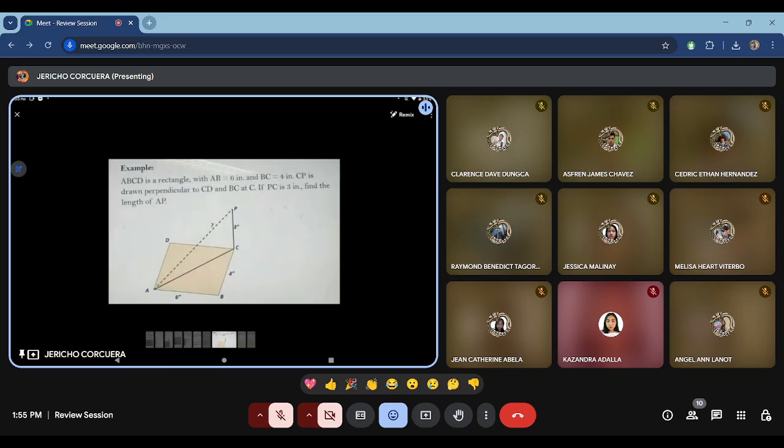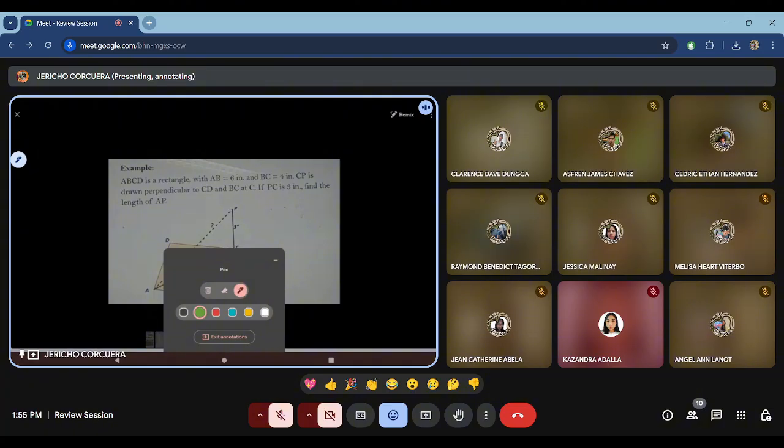So I'm sure we all know this one, that 4 inches, 6 inches. We can do Pythagorean theorem here since we are looking for the hypotenuse. The Pythagorean theorem is the square of the length of the hypotenuse is equal to the sum of the squares of the length of the two other legs.